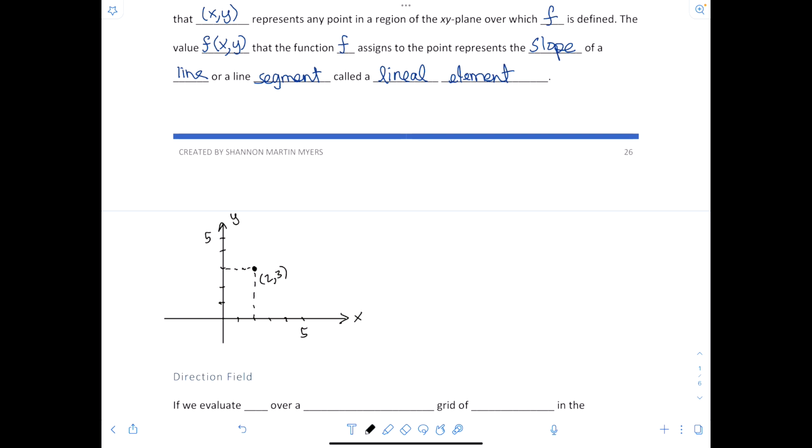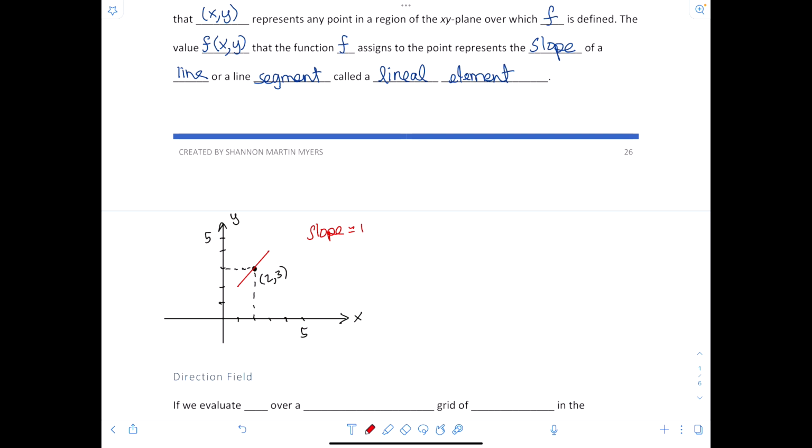Now let's suppose our slope was given as 1, say the slope was equal to 1 unit. Now, as we know, 1 over 1 and negative 1 over negative 1 would give us little slope triangles, and so we could make a lineal element that has a slope of 1 right at that ordered pair.